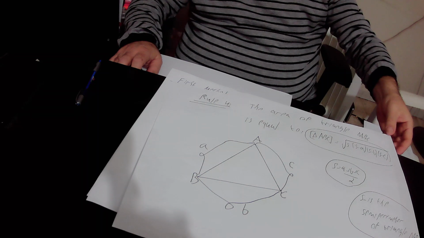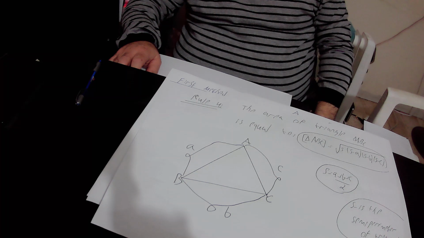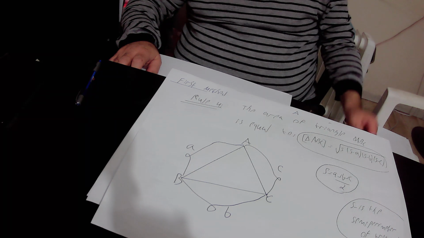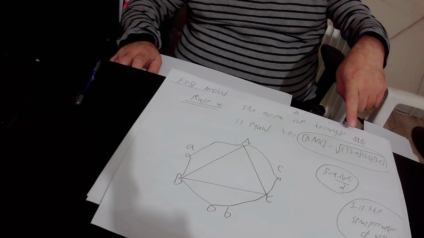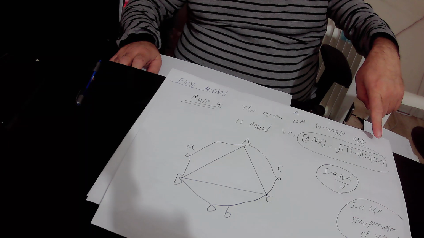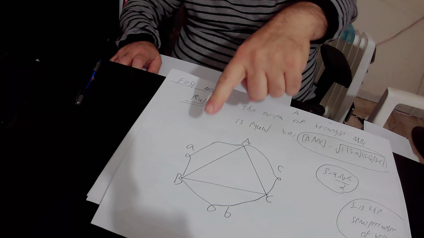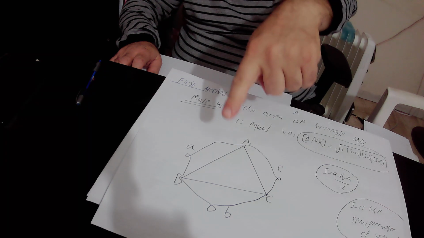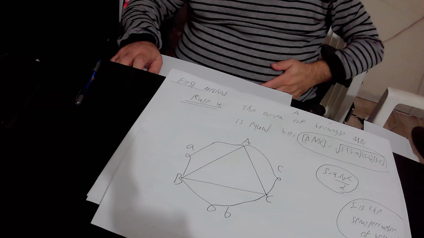According to rule number 4, the area of triangle ABC is equal to the square root of S times S minus A times S minus B times S minus C. So here we have triangle ABC, side AB of the triangle equals A units, side BC equals B units, and side AC equals C units.